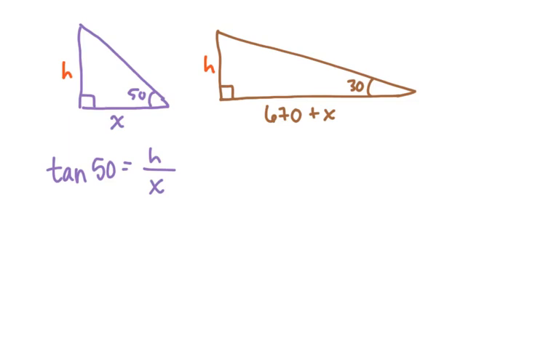Those are what are being considered. So we could write tangent of 30 is opposite H over adjacent 670 plus X. Now you can see we've created two equations with two variables.